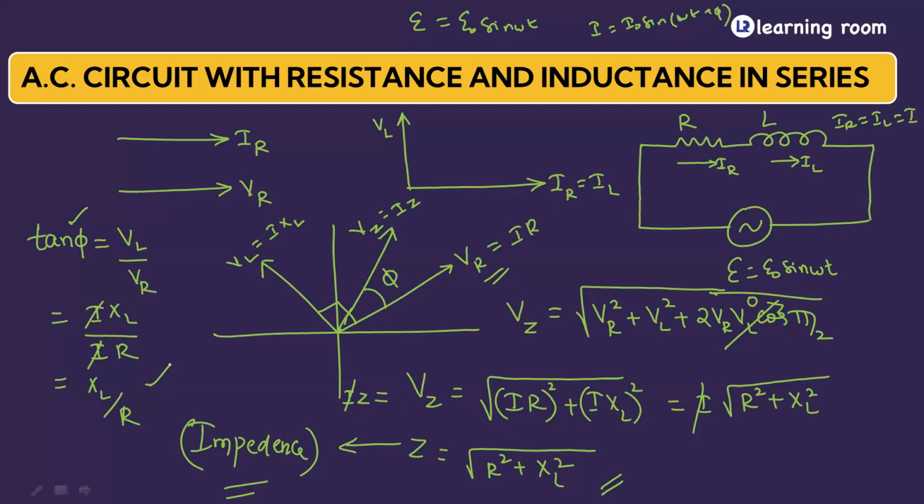So this is all about the AC circuit connected across a resistor and inductor in series. The next topic that we are supposed to discuss is the AC circuit connected across resistor and capacitor in series. And the third part will be resistor, capacitor and inductor in series. That is the most important one, which is called LCR. From there we'll learn something called resonance.